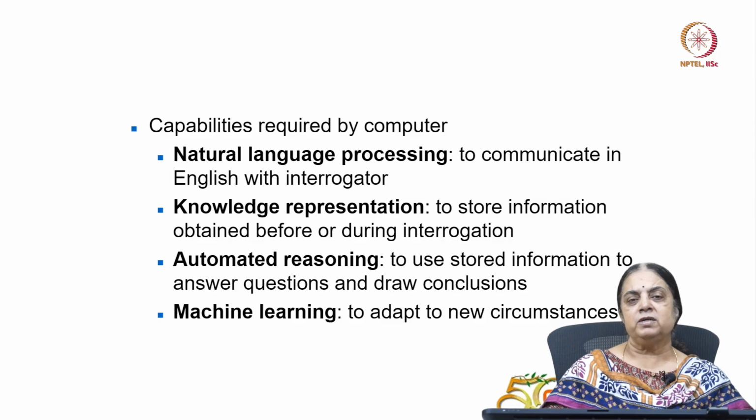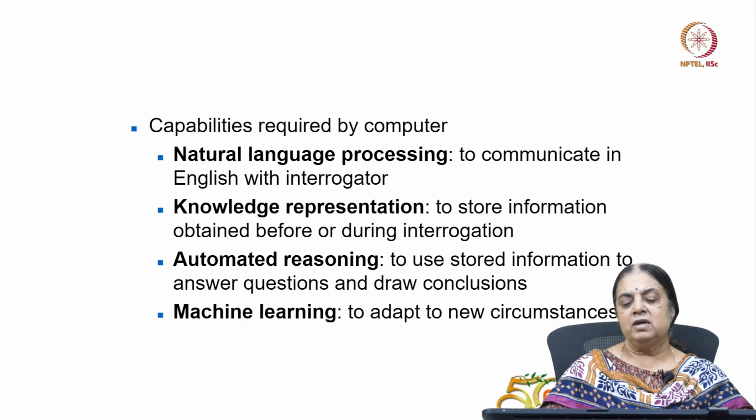The interrogator asks some questions, so it should be able to understand that, and reply to those questions in natural language. Next is knowledge representation. Whatever information it has, it should be able to store it, so that it has all that information when it needs to answer questions or communicate with the interrogator.